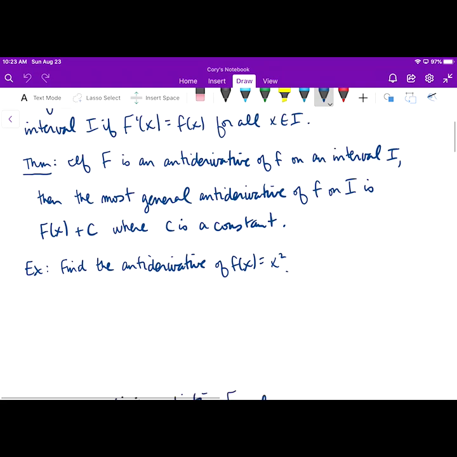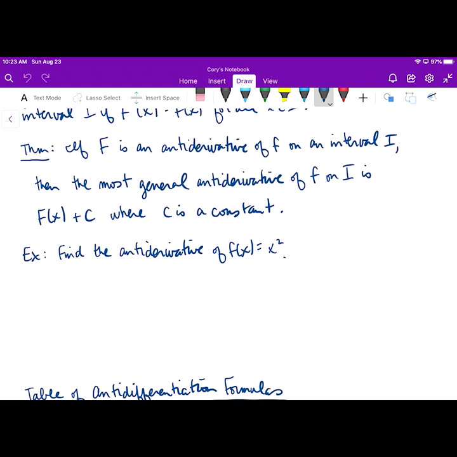Okay, so we're going to do just a quick example where the directions ask us to find the antiderivative of the function lowercase f of x, which is equal to x squared. Okay, so just really quick, if we think about taking a derivative, the way that process works is we're going to use our power rule.